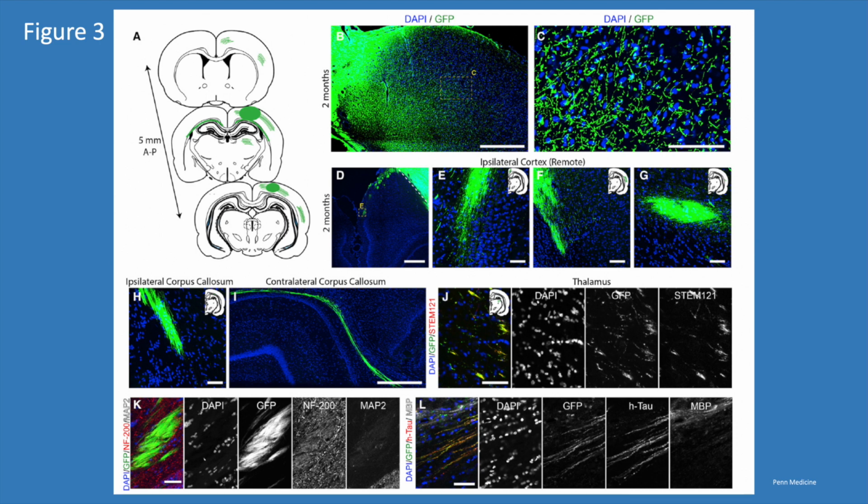These projections also show colocalization with NF200 in image K, indicating their dendritic characteristics, as well as with tau, an axonal marker, shown in image L, although these connections don't appear to be myelinated, as they're MBP negative.